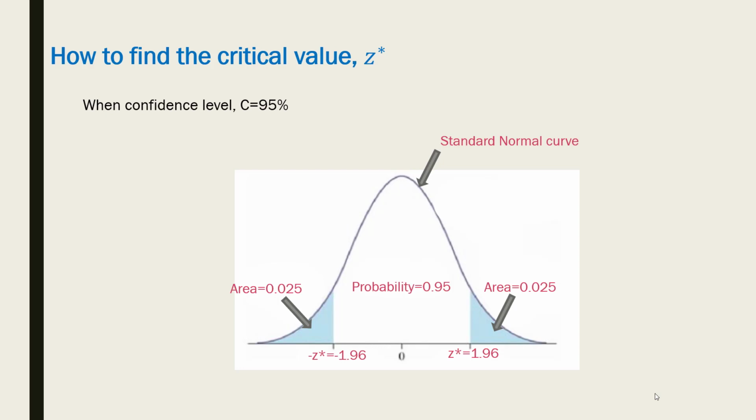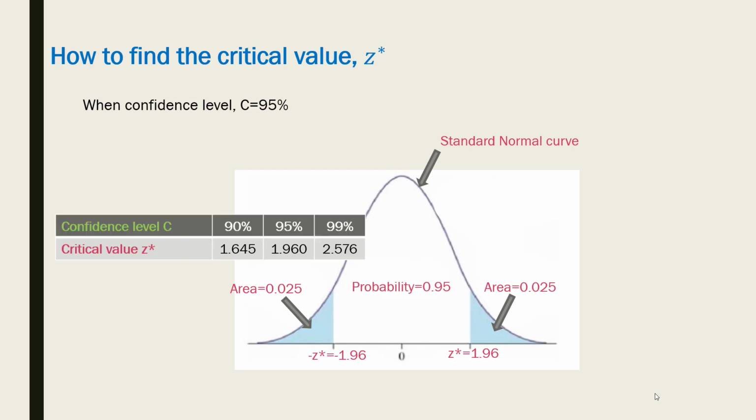Actually here we find the z star corresponding to the area at the left corner. Here area 0.025. So again check the number 0.0250 in the middle of the table and find the z value corresponding to 0.025.